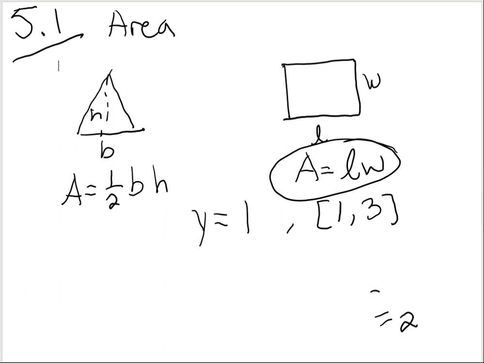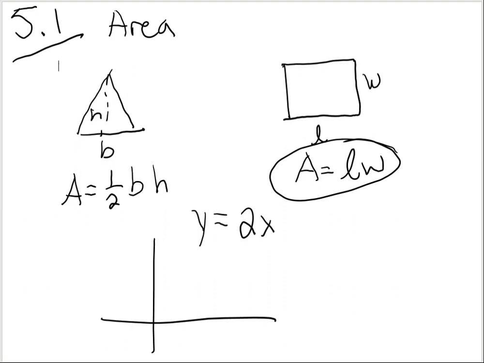Okay, so let's take another shape. How about y equals 2x? This is just a line. At an x value of 1, your y value is 2, and you extend this line going out in both directions. Can we find the area bounded in between 0 and 1?